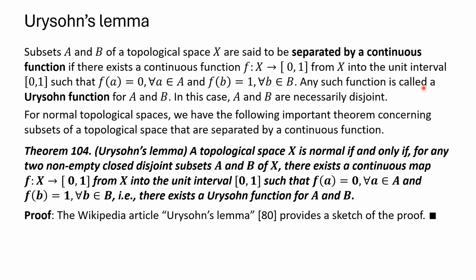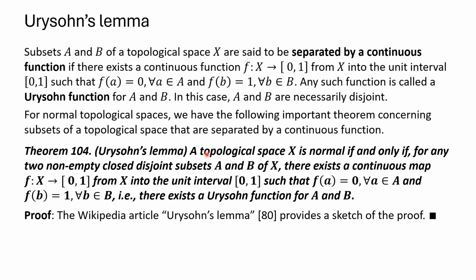Any such function is called a Urysohn function for A and B, and in this case A and B are necessarily disjoint.